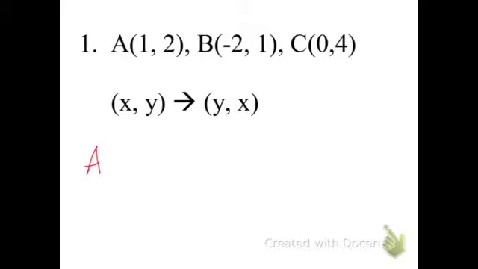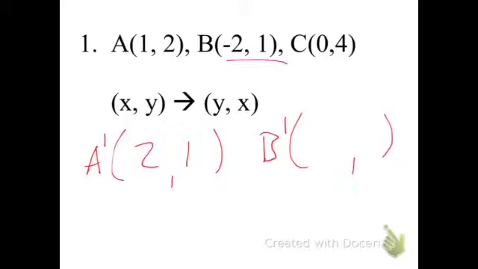And so I'm going to take my A coordinates and use the function to get my A prime coordinates. Okay, A is currently at 1, 2. My function tells me to just switch the order. And so if I switch the order, A prime is going to be at 2, 1. B is currently at negative 2, 1.